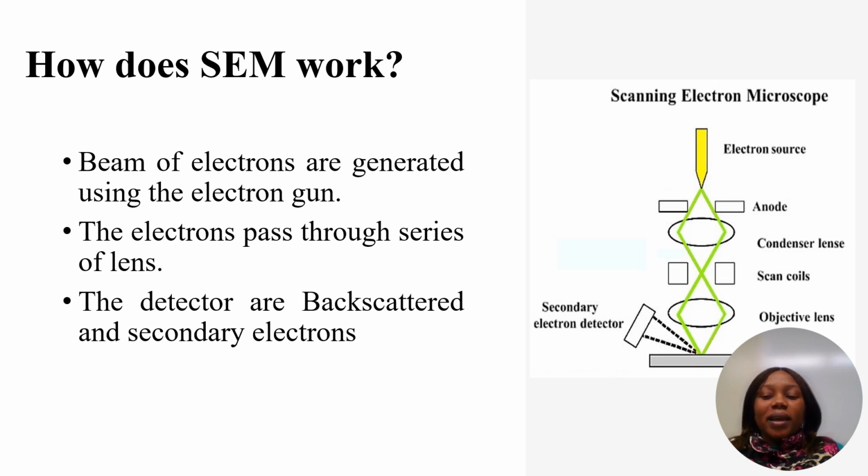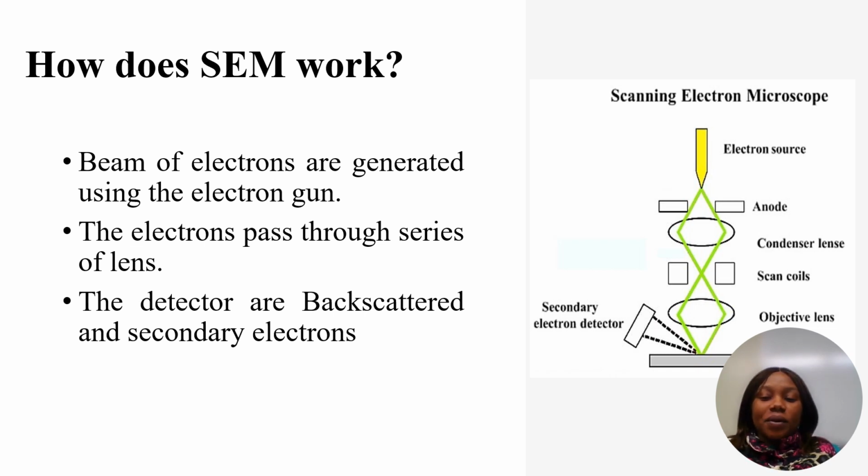So at the end, these lenses help to focus the beam onto the sample. And then when it gets to the sample, it's detected using 3 different detectors: the secondary electron detector, the backscattered electron detector, and the energy dispersive X-ray detector.